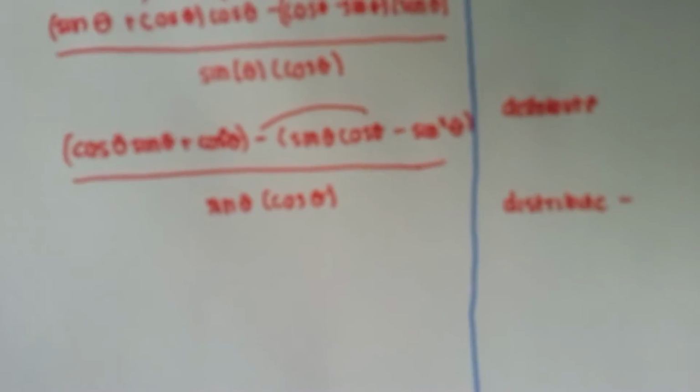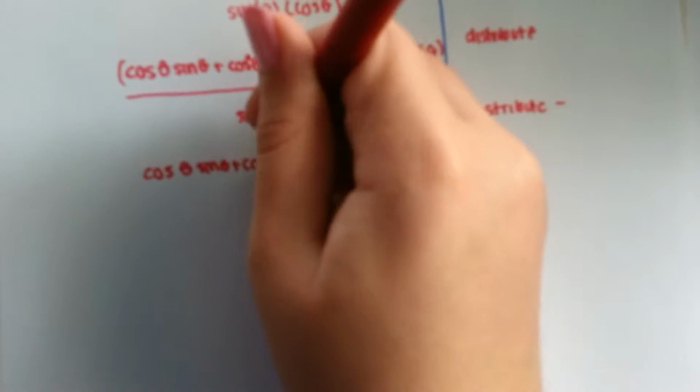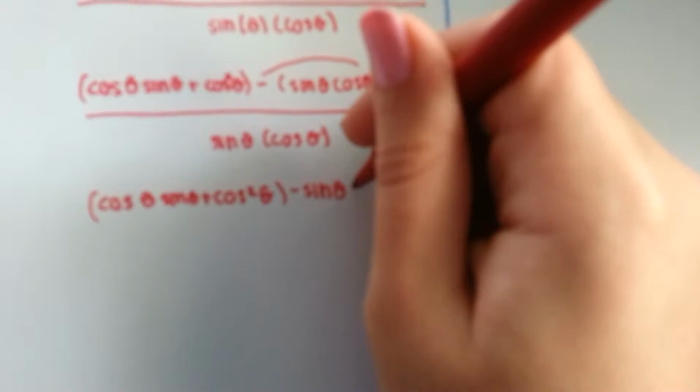So we're going to have the same as here, cosine times sine of theta plus cosine squared of theta, all times, so then we're going to distribute the negative, and it's going to be minus sine theta times sine theta plus sine squared theta, over sine of theta times cosine of theta.